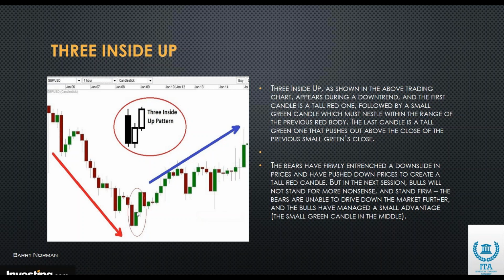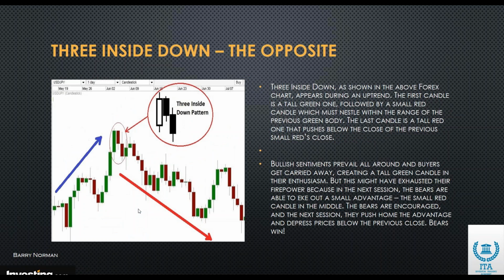But the third candle then gaps up and continues rising straight up from there. That's telling you now that the bulls have taken control back of the marketplace. The last candle is a tall green one. It's a big move because that tells you the bears have been completely wiped out. We have it in the exact opposite with an uptrend reversing to a downtrend.